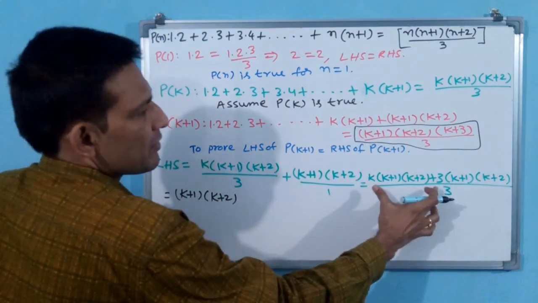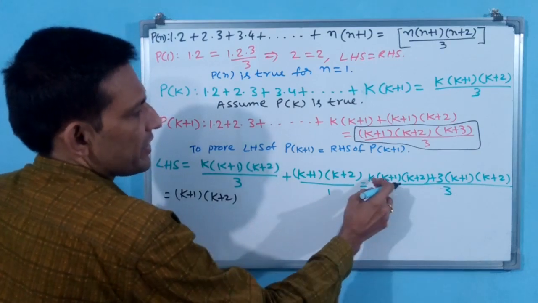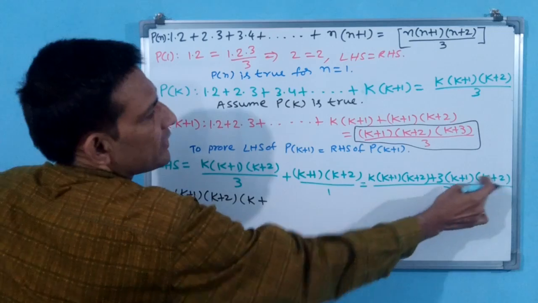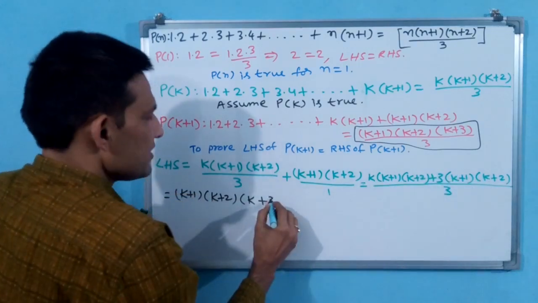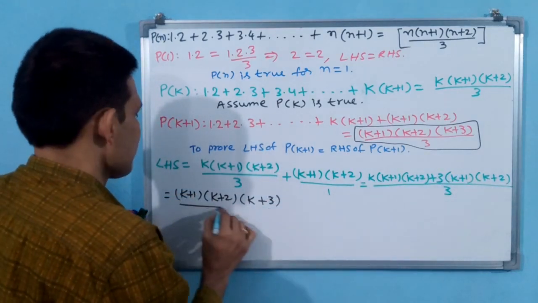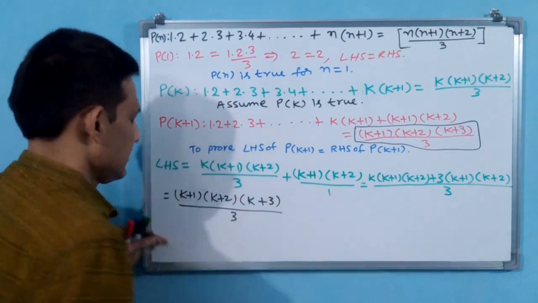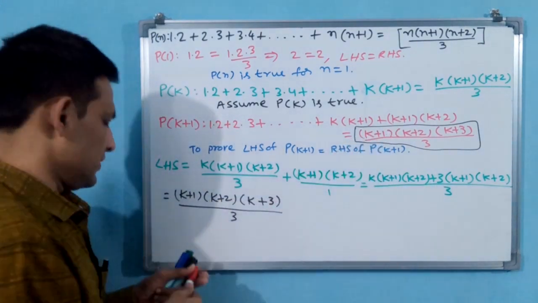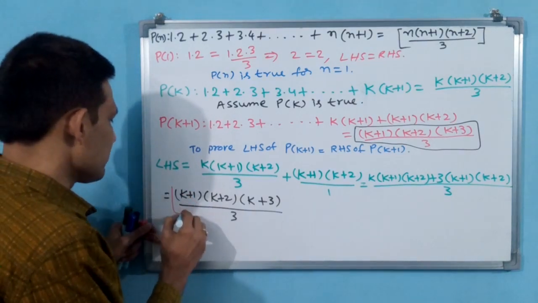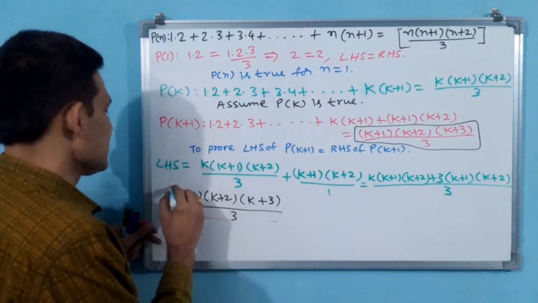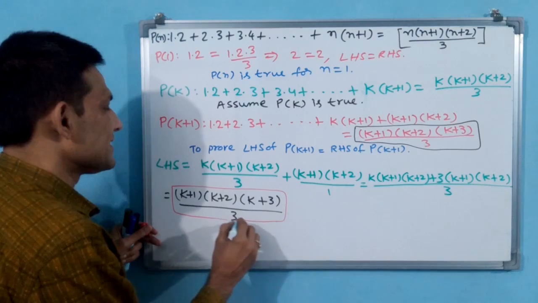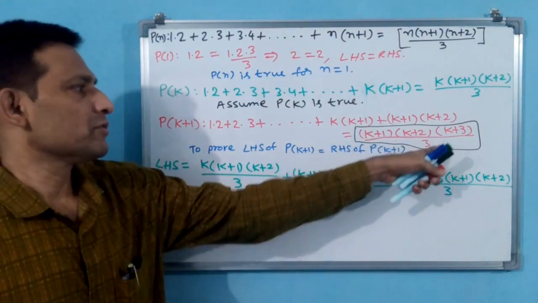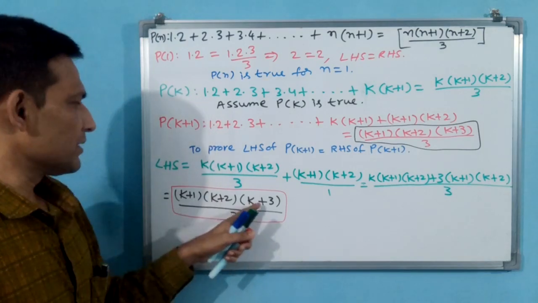If you take common, this side k is there, plus this side 3 is there, that is equal to (k plus 3). Okay, now you see this is RHS, your RHS. I am making one box for this. Okay, you understand now? (k plus 1), (k plus 2), (k plus 3) by 3.